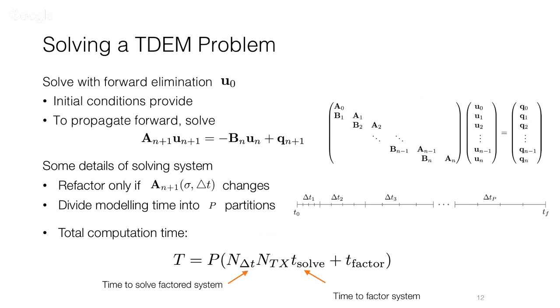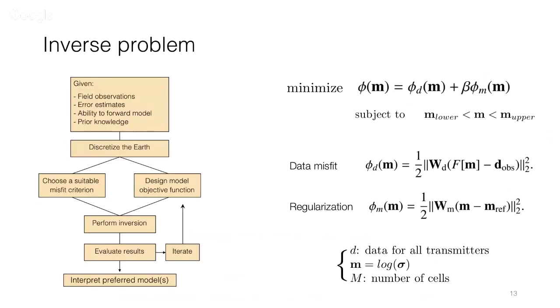You've got these factors all to put together, and depending upon how many partitions you have, that's the total number of times that you effectively have to solve the forward problem. So now we've got our inverse problem, and nothing has changed from the right-hand side of all this.